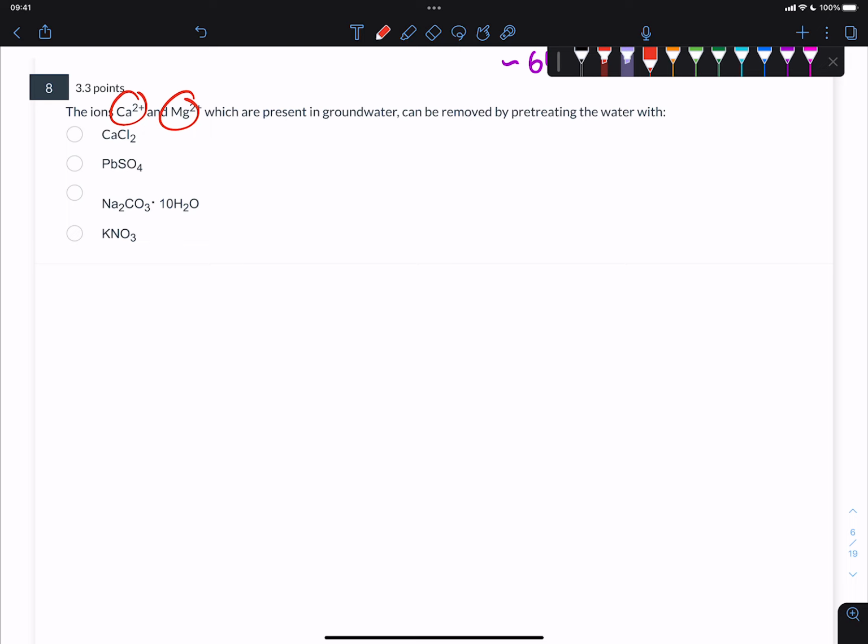Cations are going to pair with anions in double replacement reactions. When that happens, you remove these cations when they pair with an anion to produce an insoluble product. So double replacement reactions in general look like this.